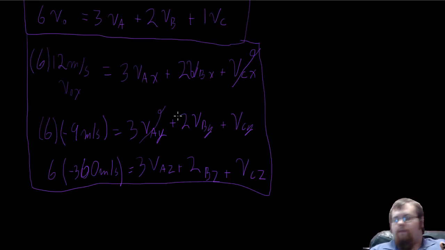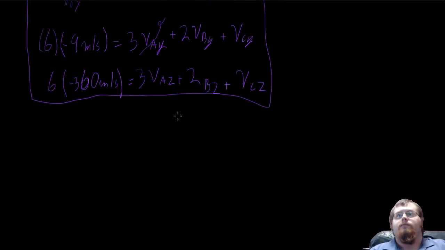Okay, so that gives us our basics, and we can solve for each one of our velocities. Well, okay, so we have velocities in a certain direction. That's nice. We can take those velocities and do one of 2 things with them.